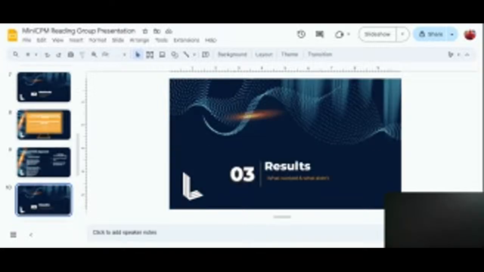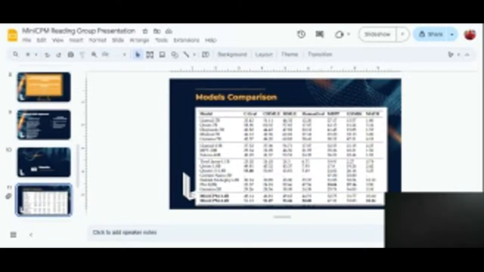Talking about the results, here we can see that the comparison has been made with different language models. This comparison of different language models includes MiniCPM on a base task. Even though it is smaller than some other models, it still holds its own.